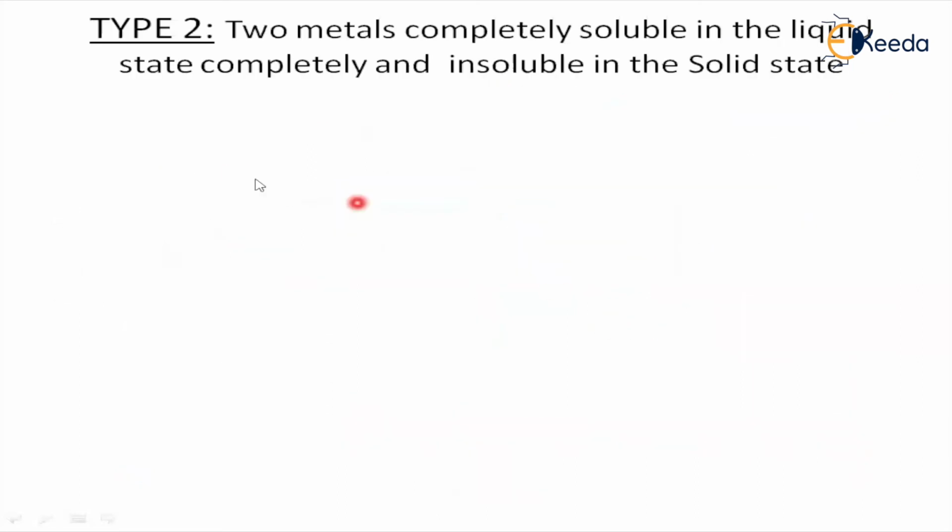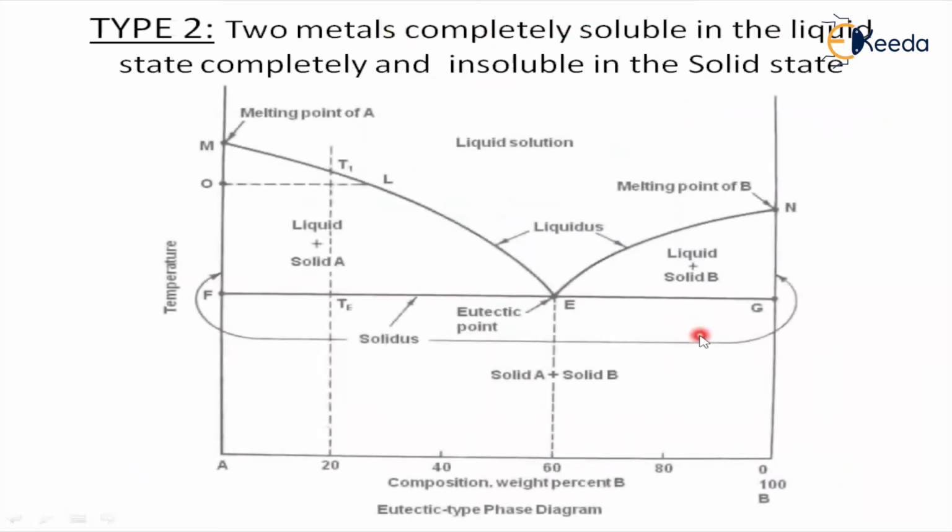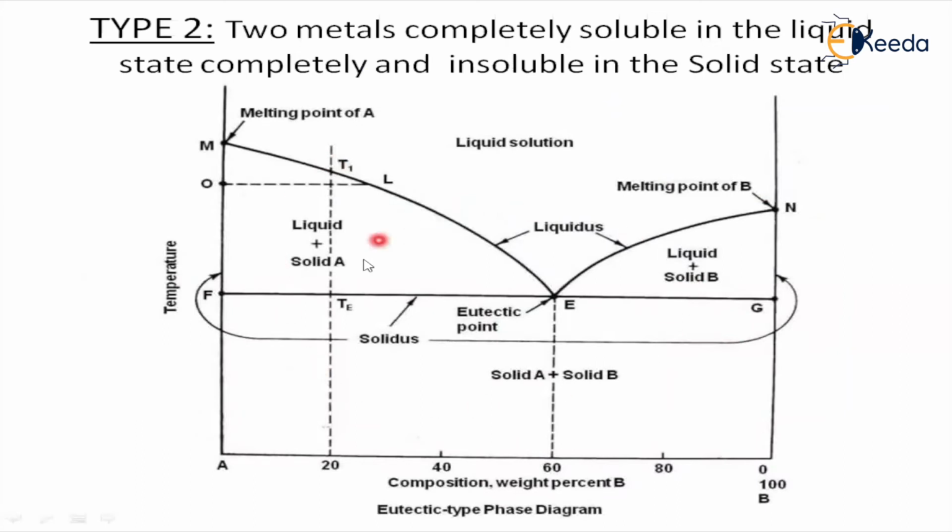So this is about type 1 phase diagram. Now let us discuss the type 2 phase diagram, which says that two metals are completely soluble in the liquid state and completely insoluble in the solid state. Completely insoluble in the solid state means you will get this type of phase diagram, which is also represented as the eutectic type phase diagram.